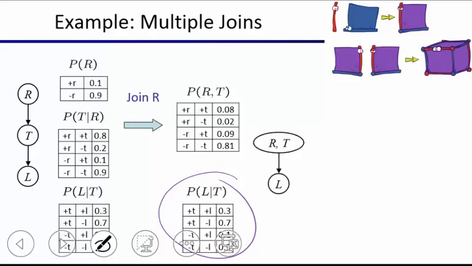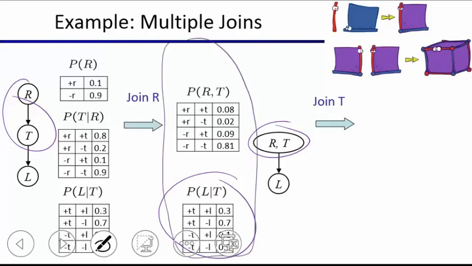So we can actually look at the new Bayes net after we join these two. They're here together in a super variable. We have a new Bayes net structure. We join on T, which means we look at all the factors that involve T in this resulting set of factors here, which is both of them. The resulting factor will contain all variables that appear here, which is R, T, L, and that's a repeat of T, so we only need it once.